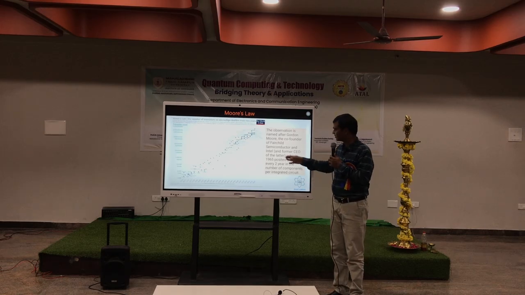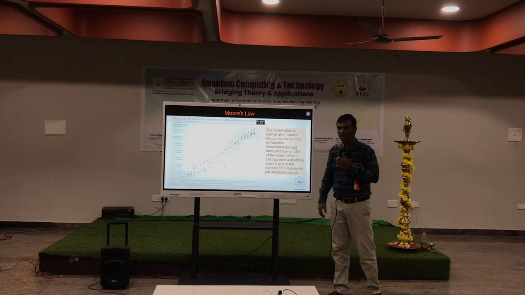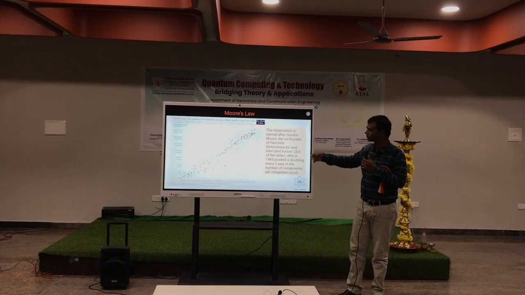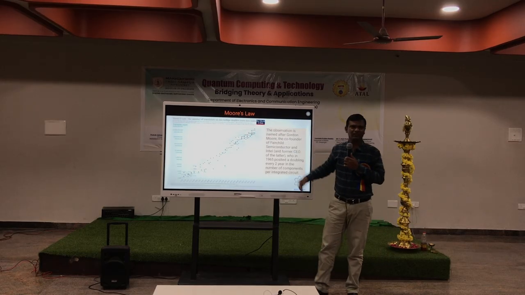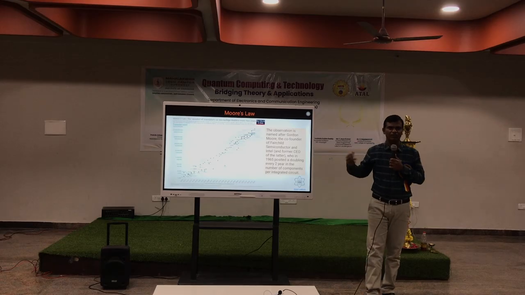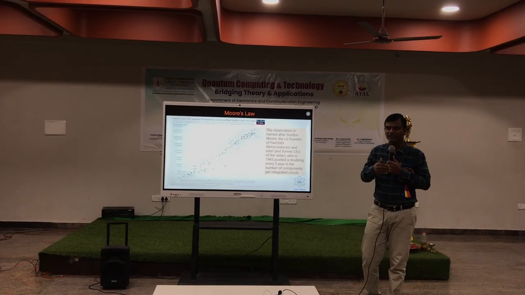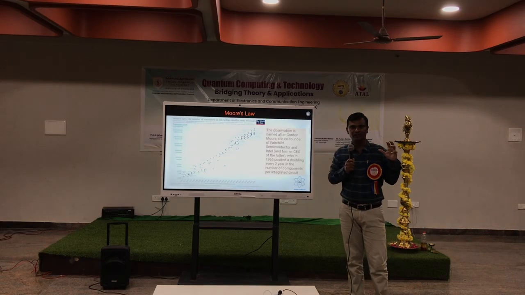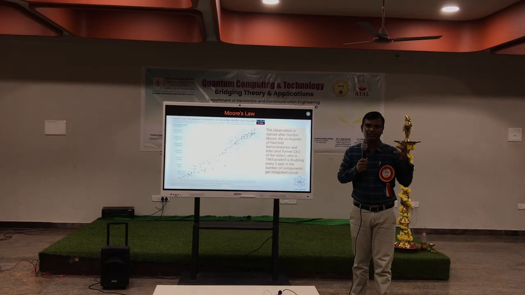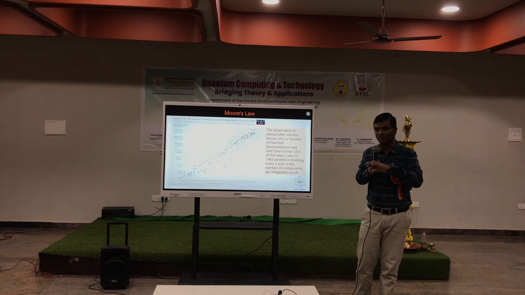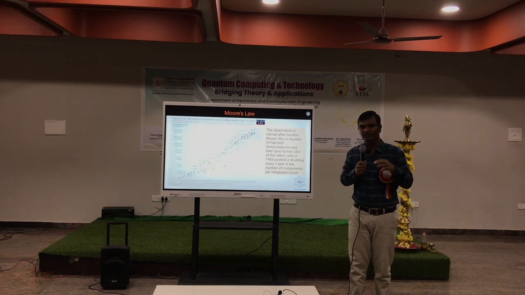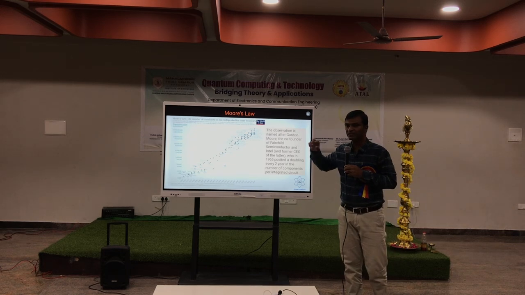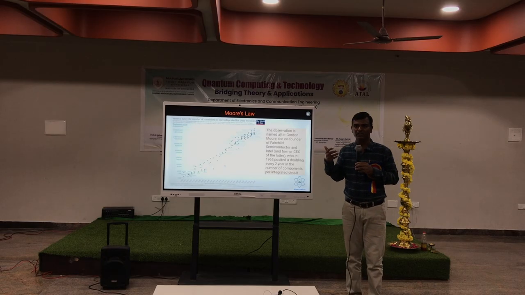In 1965, Moore predicted that the number of transistors on the microchip will keep on doubling. And as this computation is being applied to several applications or several domains, these resources keep on increasing.